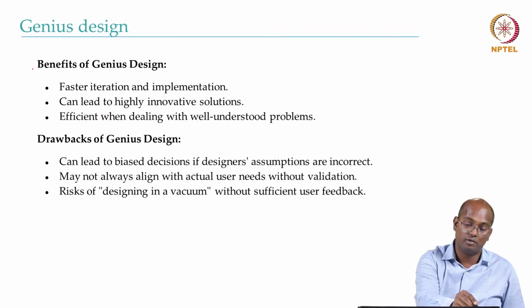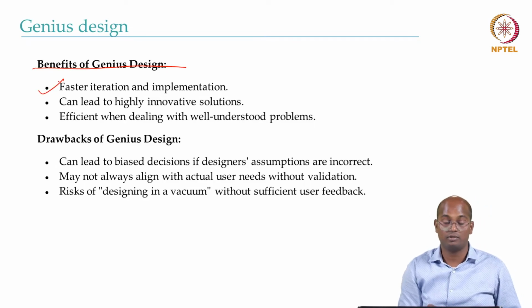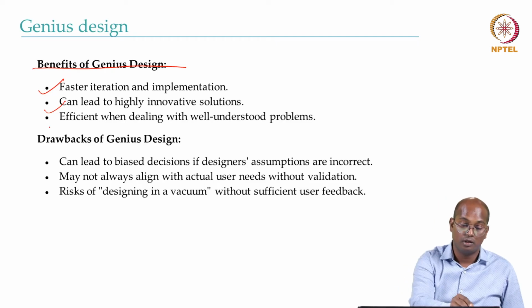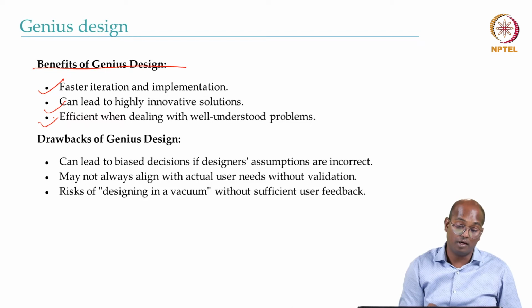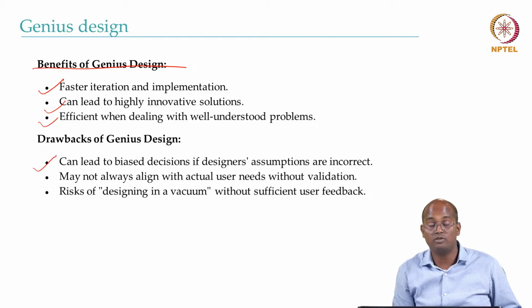So what are the benefits of Genius Design? Faster iteration and implementation, can lead to highly innovative solutions, efficient when dealing with well-understood problems. But there is no free lunch, there are limitations as well. The drawback of Genius Design is it can lead to biased decisions if the designer's assumptions are incorrect, as I have indicated earlier.